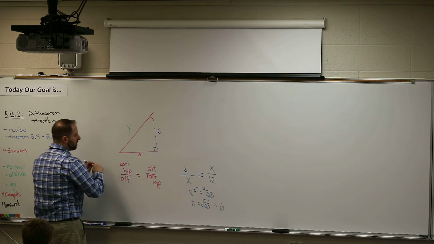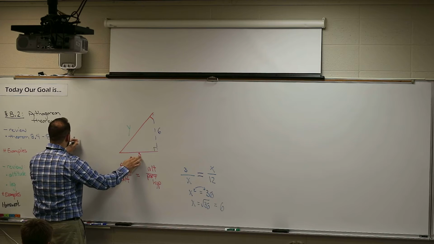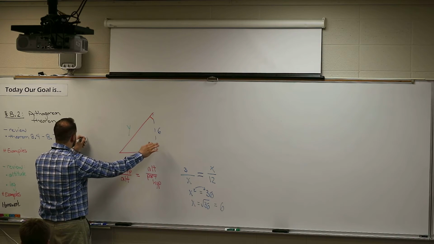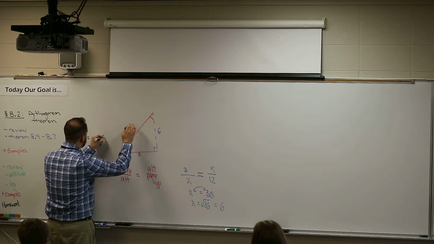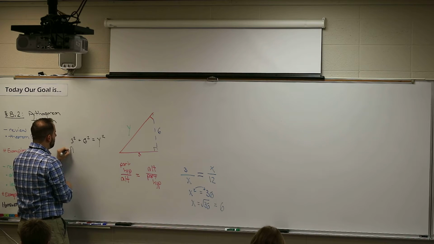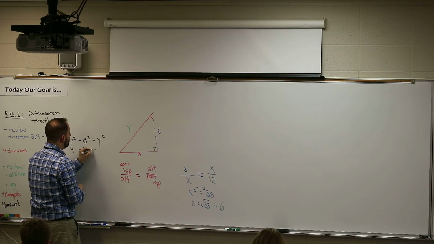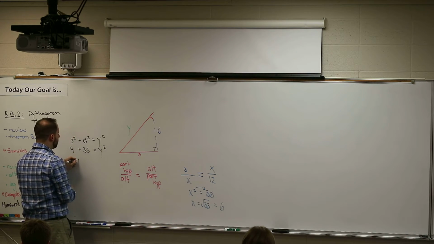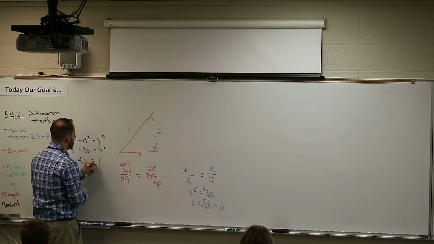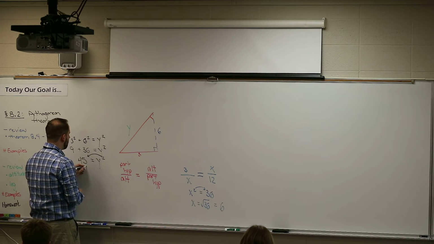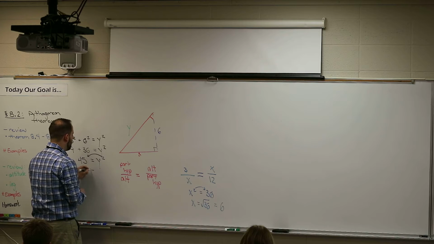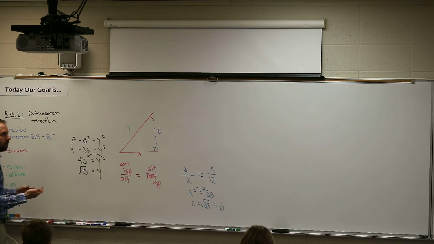So the Pythagorean theorem is a squared plus b squared equals c squared. So that's 9 plus 36 equals y squared. This is 45 equals y squared, and you just take the square root. That's how you could have done that problem, to figure out the legs.